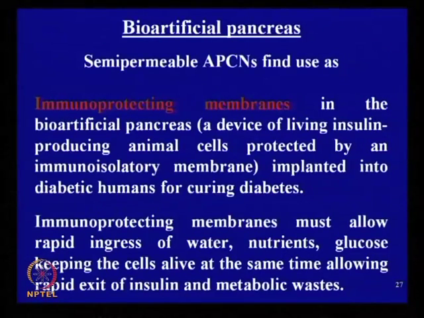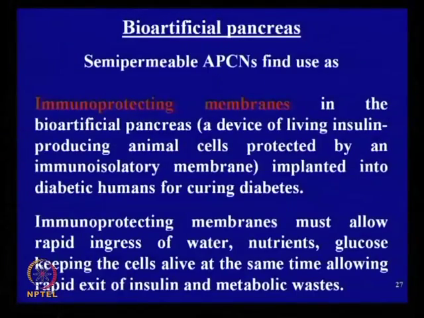So, these are something like immunoprotecting membranes in the bioartificial pancreas, a device of living insulin producing animal cells protected by an immunoisolatory membrane. These are some specific technological developments made along this line, implanted into diabetic humans for curing diabetes.